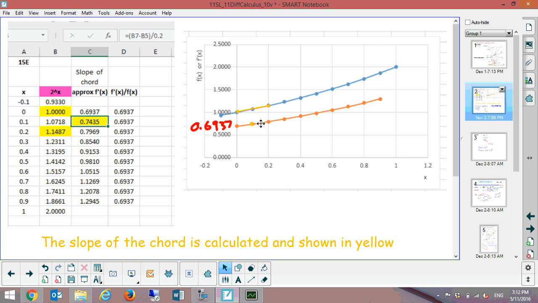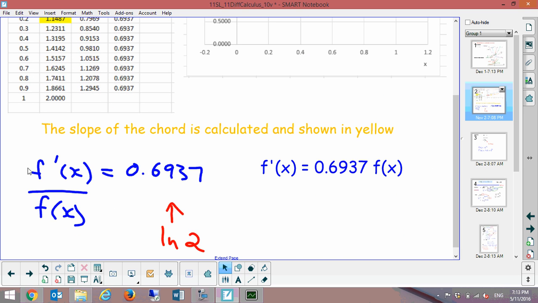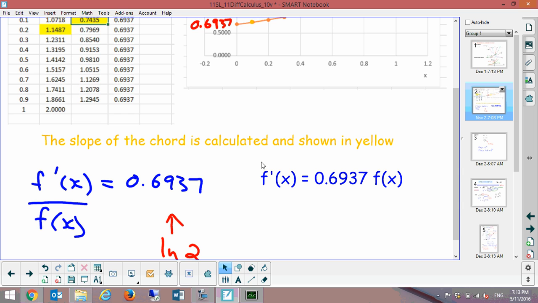So in other words, the ratio of this height of the derivative function over the whole height always came out the same amount. So we then said, well, that means this is equal to 0.6937, and it's a constant, it doesn't change. So we could say that the derivative function is always 0.6937 times the original function.